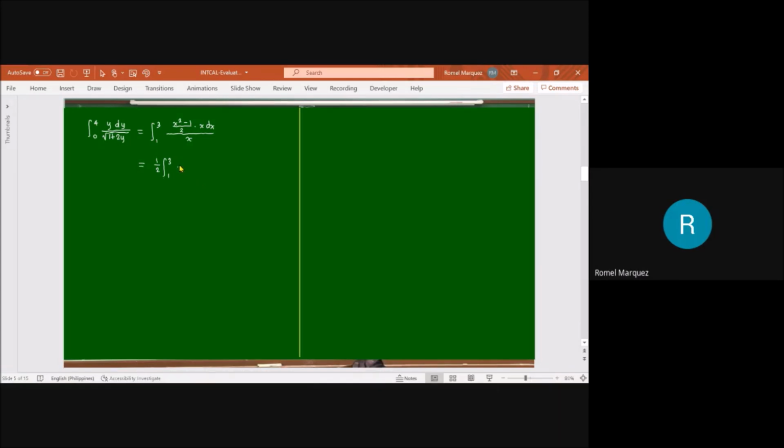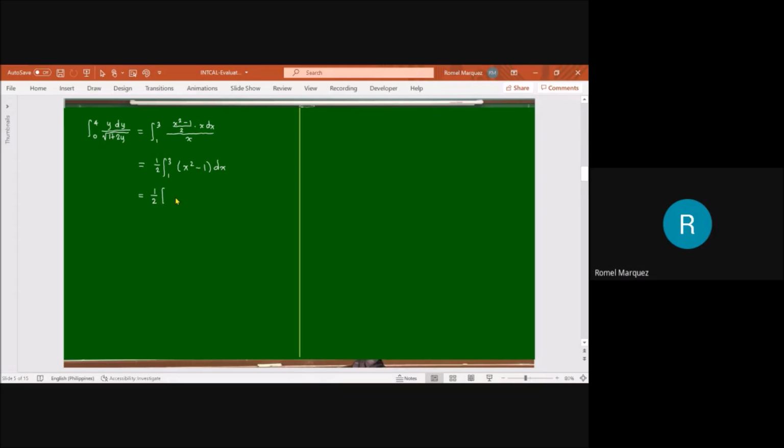So this is now equal to x squared minus 1 all over x, then dx. But the x cancels, no? So we just have x squared minus 1. So this is equal to 1/2. What's the integral?